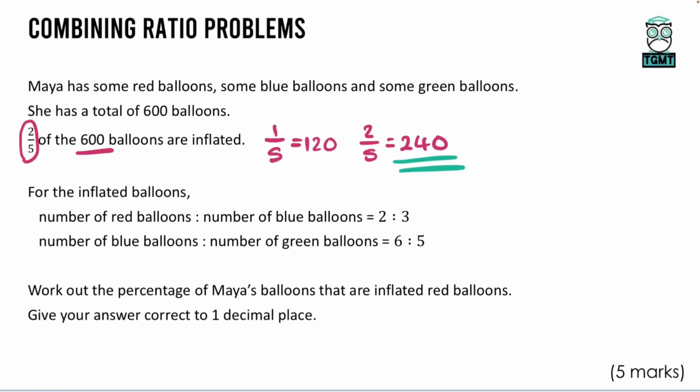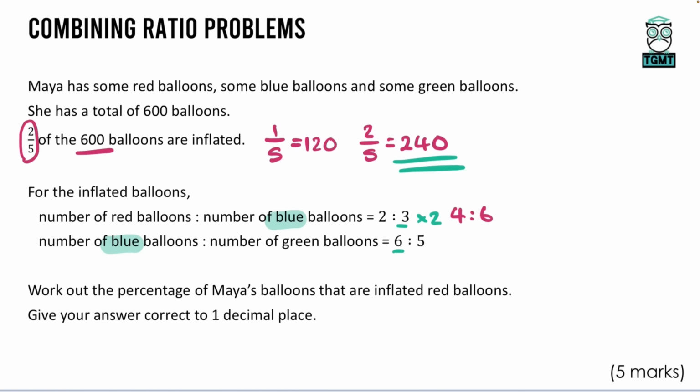For the inflated balloons, red to blue is 2 to 3 and blue to green is 6 to 5. Now what should stand out straight away when there's 2 ratios is that blue is in both. But blue has a different number in both. In this one it's 3 and in this one it's 6. So what we need to do is find the lowest common multiple of those. And in this case we only need to change the top ratio, because if we times the top ratio by 2, that will become 4 to 6.